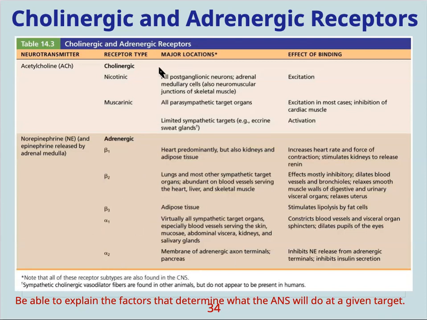It also includes information on where you can find each type of receptor. It looks like a confusing table, but we'll have a clearer table with details that I want you to remember, so don't get bogged down by these details right now. I'll mention later the specific details that I need you to know.